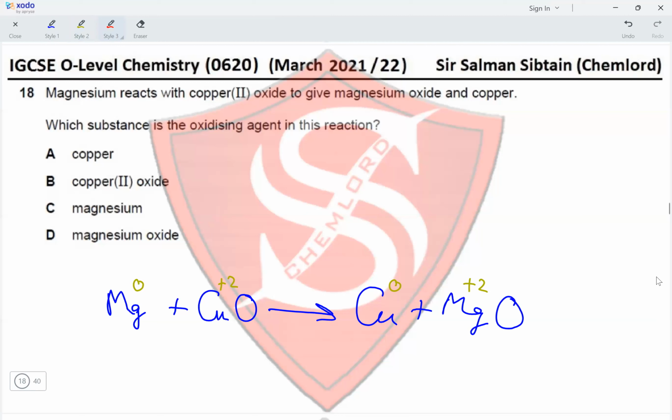So we've got magnesium going from 0 to +2. This is oxidation. We have got copper going from +2 to 0. This is reduction. So since magnesium is being oxidized, it is a reducing agent.